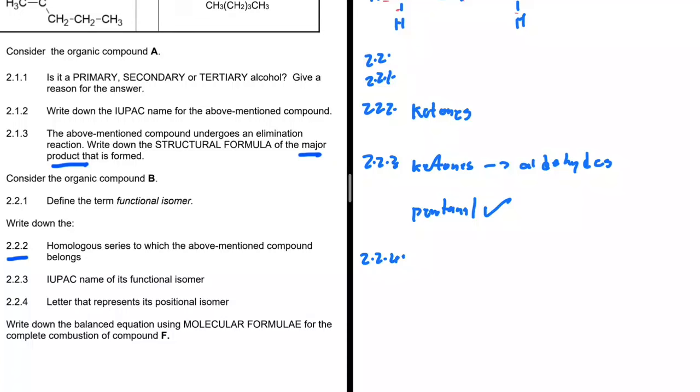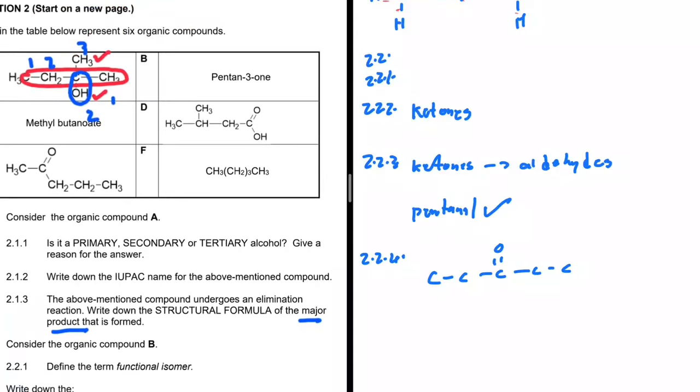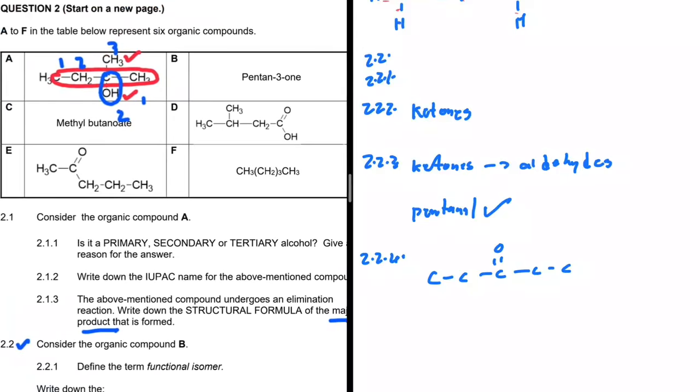If you put this oxygen here, it is pentan-2-one. The same is true when you put it on the other side, because we have to start numbering from the side closest to the functional group. So we're looking for pentan-2-one on our table.